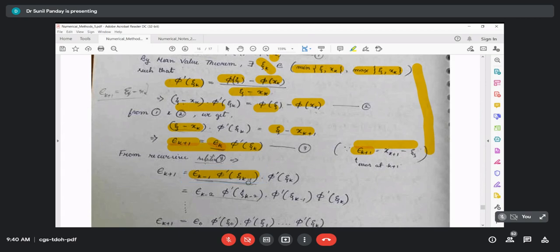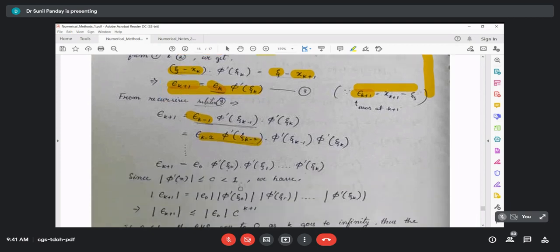And then again I use this equation for k equal to k minus 2. If I substitute k by k minus 2 in equation 3, I will get on the left hand side epsilon_{k-1}, and on the right epsilon_{k-2} and phi dash of xi_{k-2}. So recursively we are getting this one.